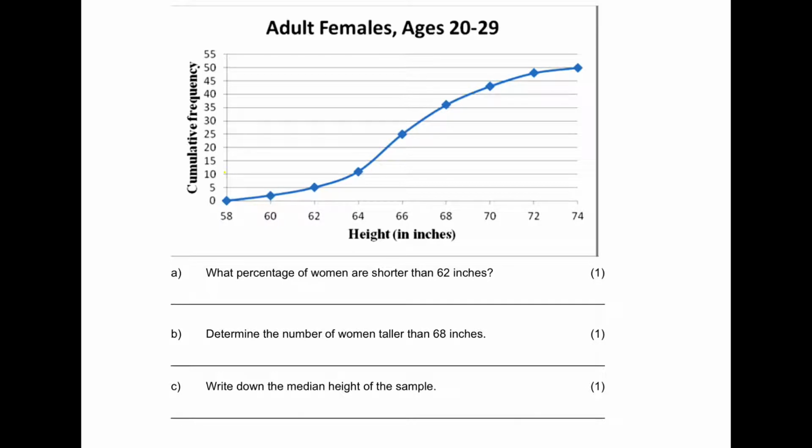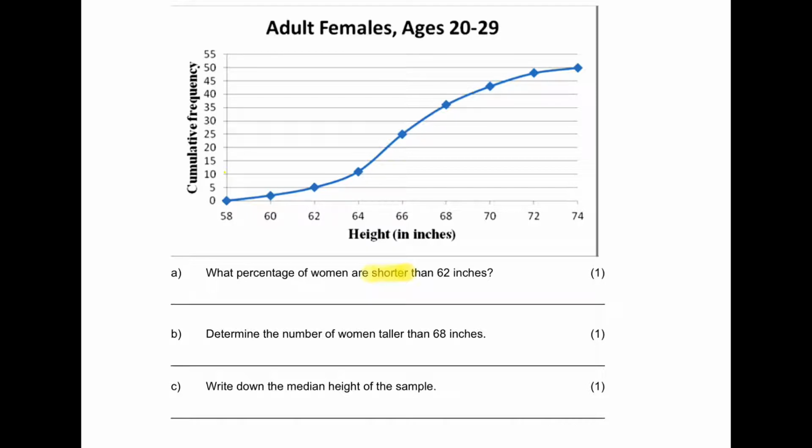Question A, what percentage of women are shorter than 62 inches? So we're going to look at the 62 on the x-axis and read up on the y-axis what the equivalent is, and we get an exact answer of 5. Right, so 5 people out of 50 is 10%, but the question's a little tricky because it asks for women that are shorter than 62 inches, not 62 inches and shorter.